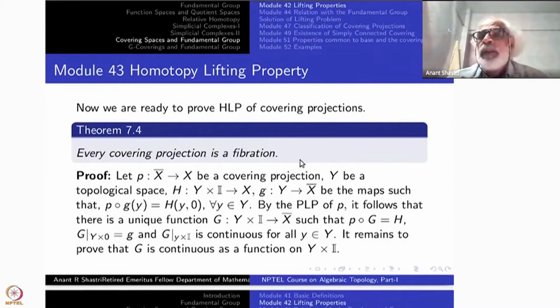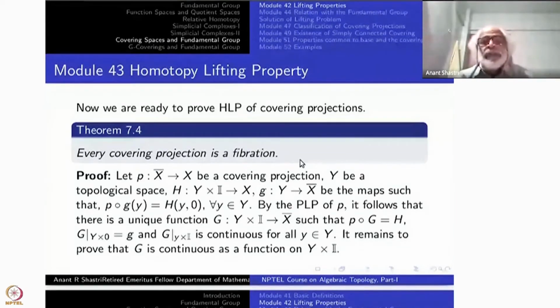The only thing is, instead of the exponential map explicitly, we are taking any covering projection. And the second thing is, instead of homotopy of paths, now we have homotopy of functions from arbitrary spaces. So you will see that you have to work a little harder, that's all.